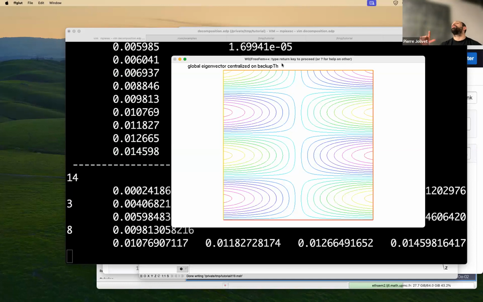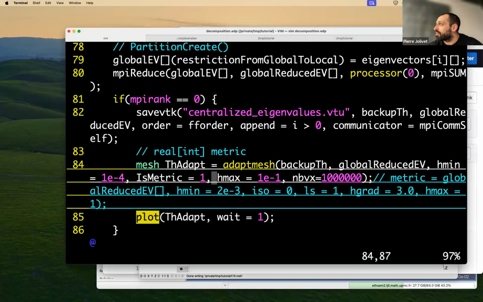So of course, this is done only on process 0. And so if you then want to do some adaptation loop, you need to broadcast the mesh generated on process 0 to all the other processes.